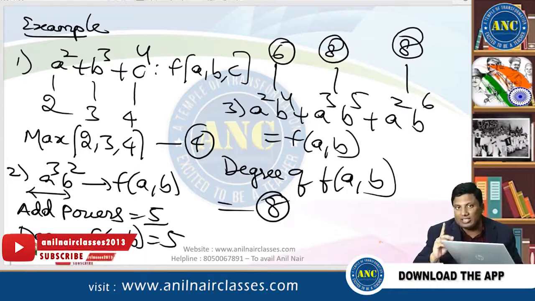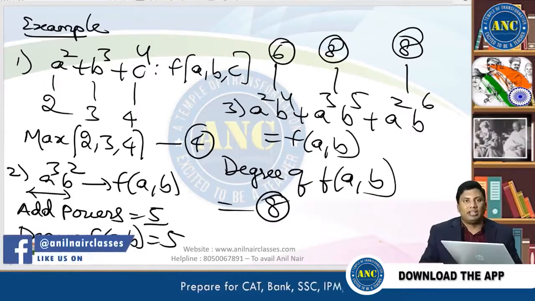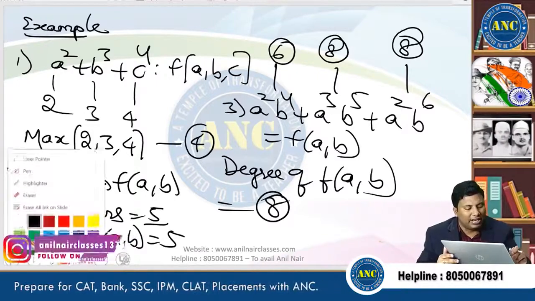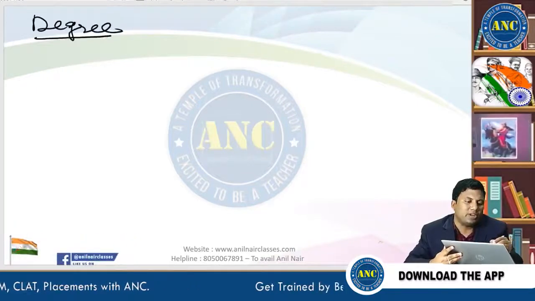If one variable is there, how to determine the degree? If two variables are there, how to determine the degree? Clear? What is the importance of this degree? I will discuss degree in detail in quadratic expressions.